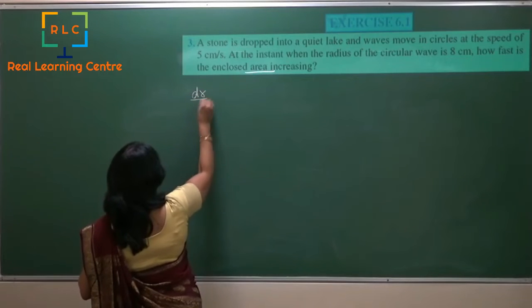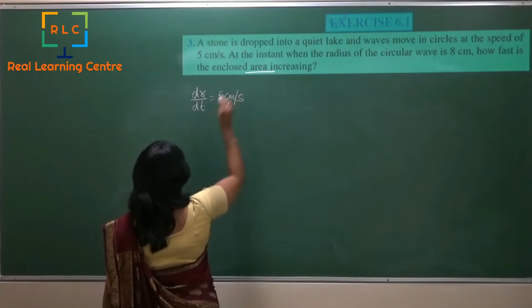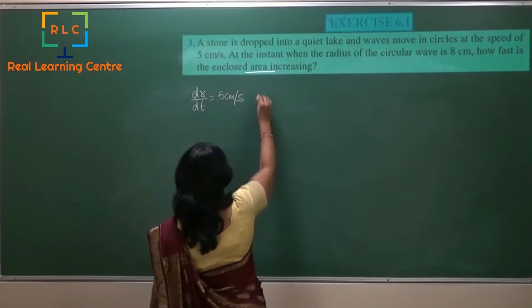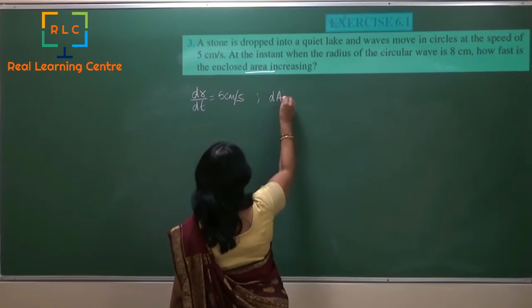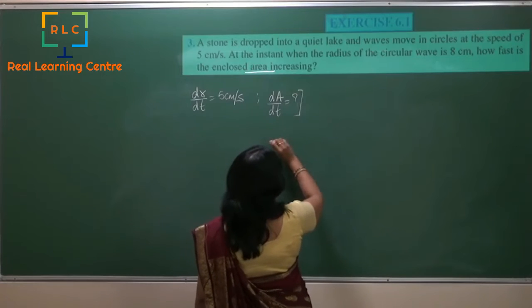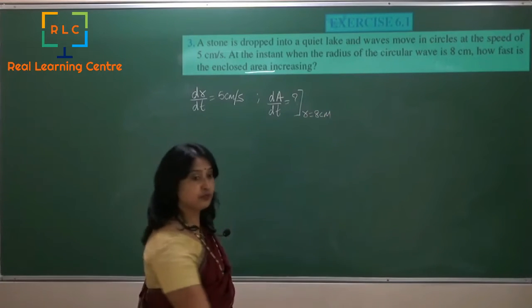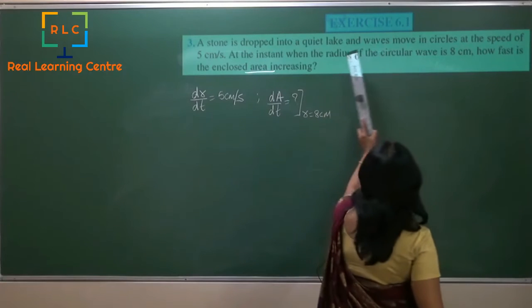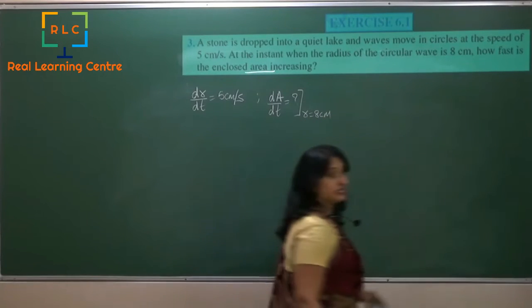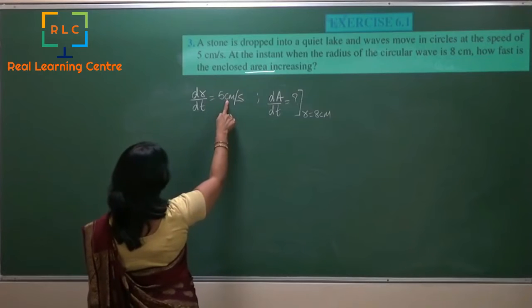So dr by dt is equal to 5 centimeter per second, and they are asking about the rate of increase of area. So dA by dt equal to question mark. When should you find it? When the radius is equal to 8 centimeter. So now they have given the radius a numerical value.